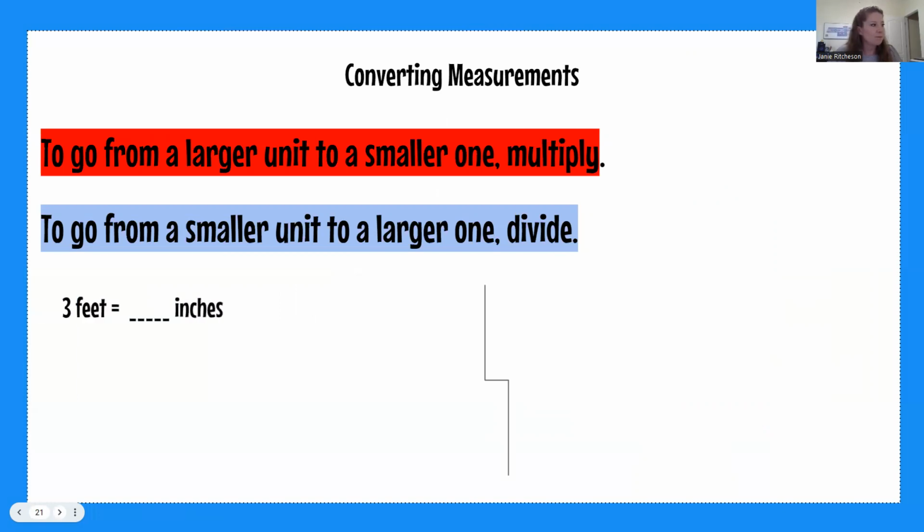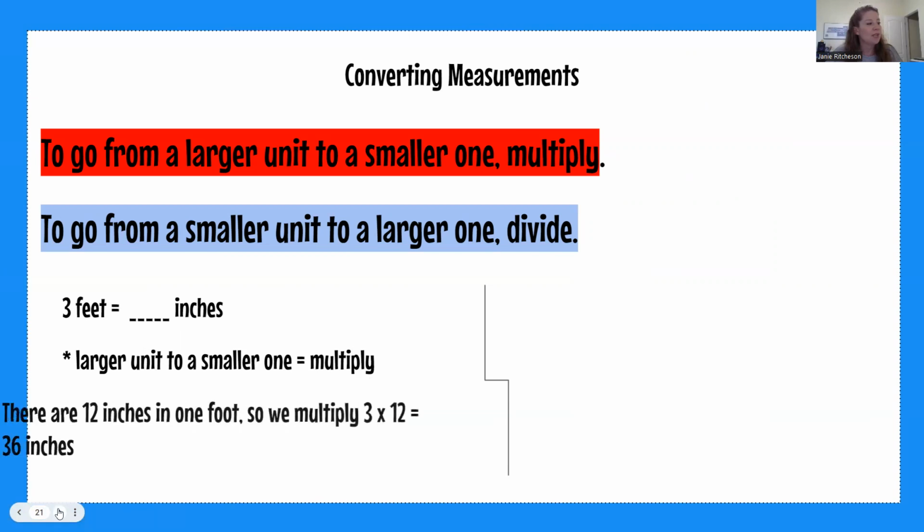For example, if I say, okay, there's 3 feet, how many inches is that? Well, a foot is longer than an inch. So since we're going from a larger unit to a smaller unit, the rule says we're multiplying. So I need to know how many inches are in 1 foot.